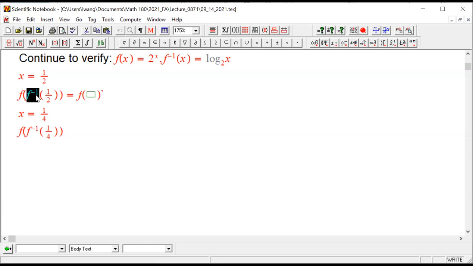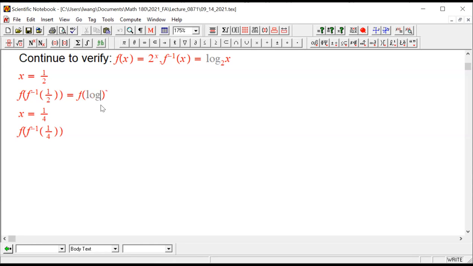This symbol I highlighted is read as f inverse. F inverse of half. The input always follows "of". That's how you read it.